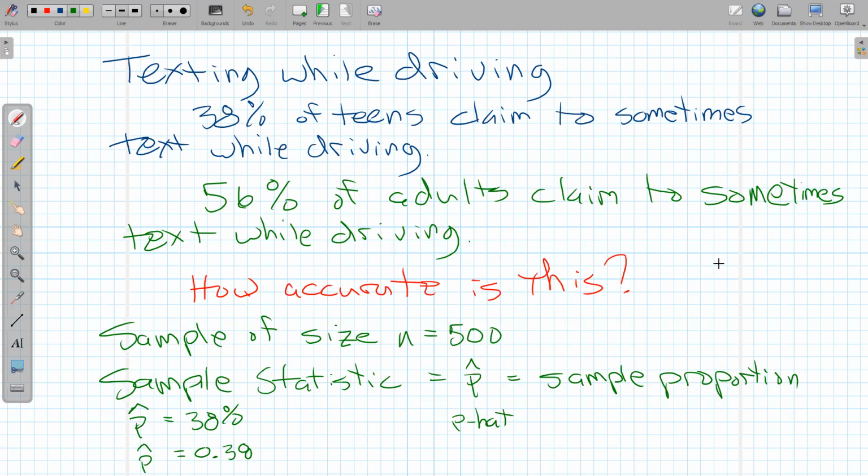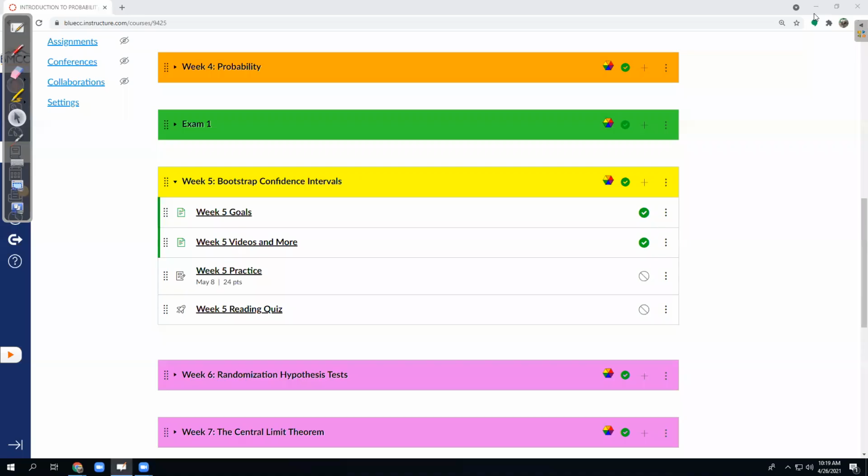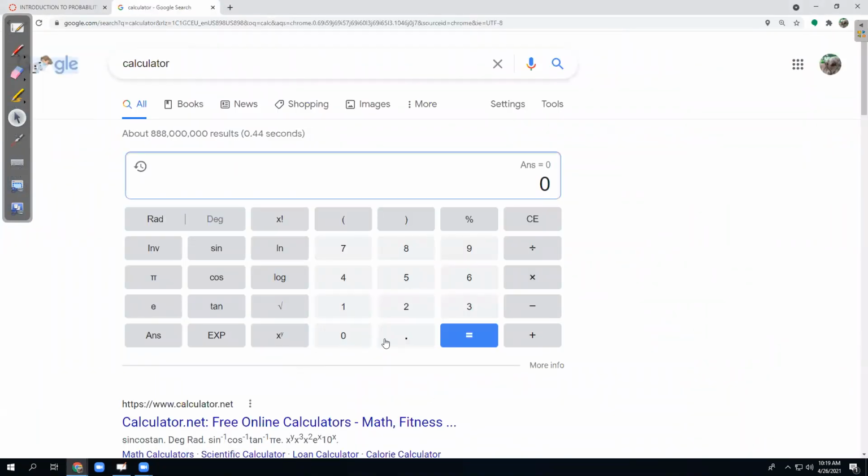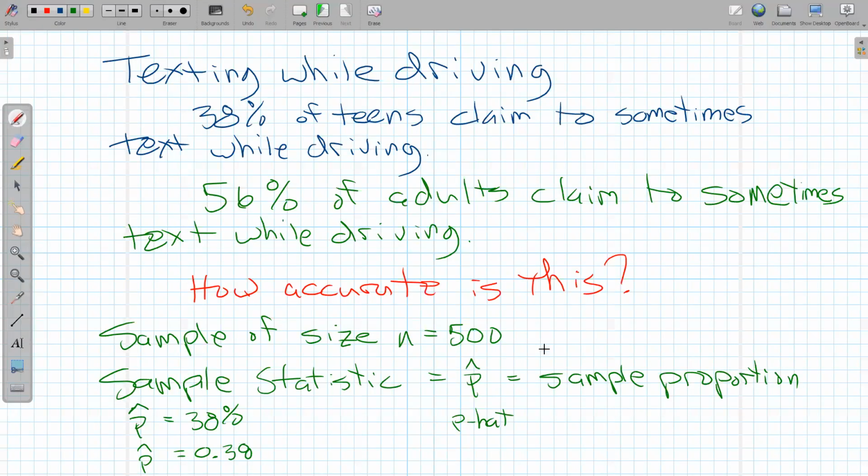So I'm going to calculate that quick, because this comes up sometimes. 0.38 times 500 gives me 190 of the teens out of 500 who reported texting while driving. So I could also state p hat as 190 over 500.